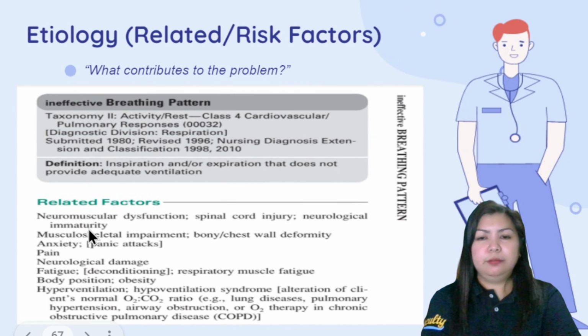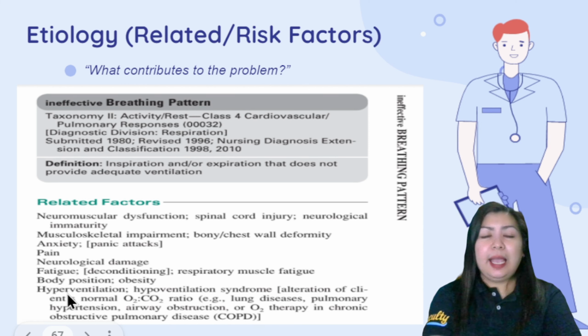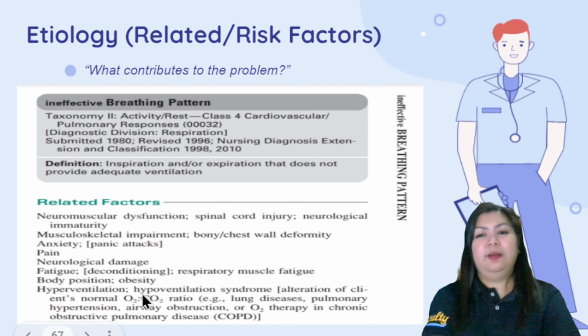Example here you have neuromuscular dysfunction, spinal cord injury, neurological maturity, musculoskeletal impairment, could be bony chest wall deformity, anxiety, pain, neurological damage, fatigue, respiratory muscle fatigue, body position, obesity, hyperventilation, hypoventilation syndrome.